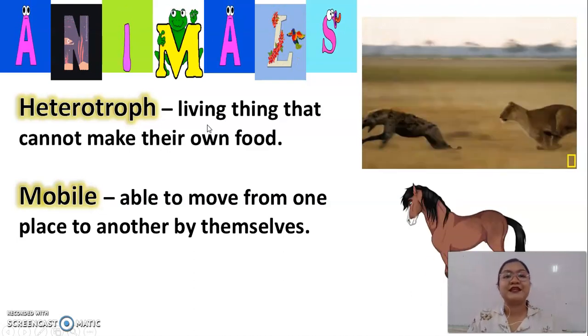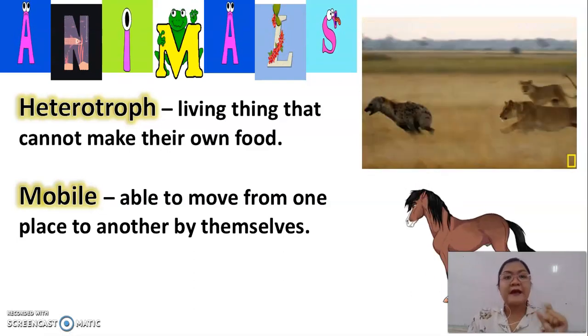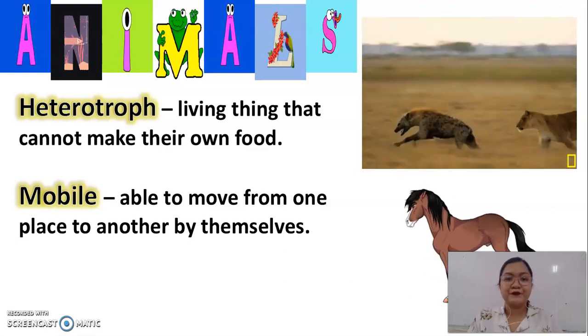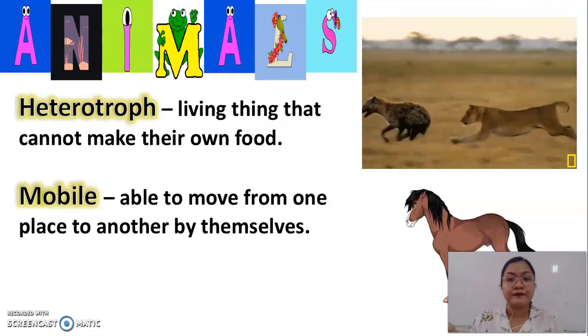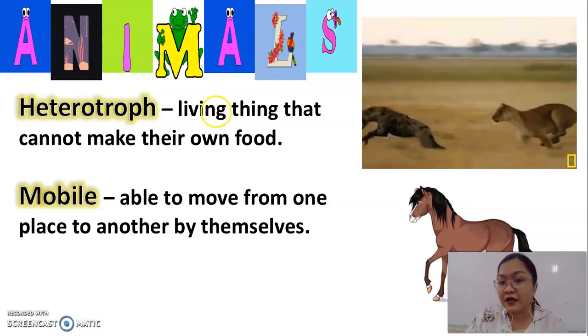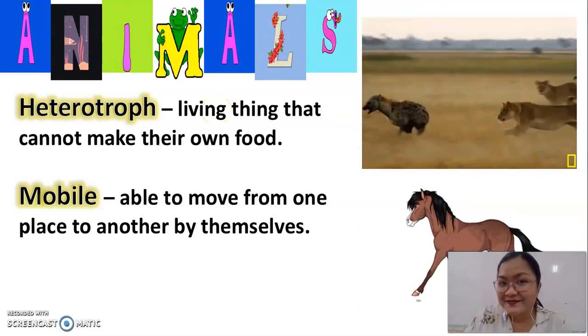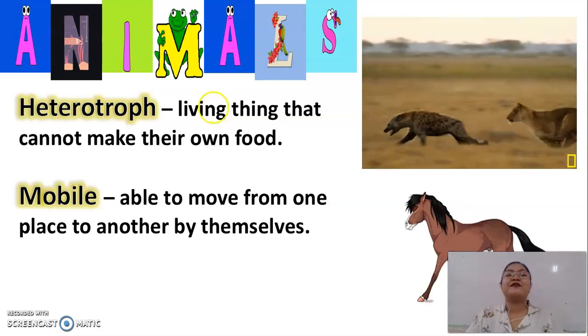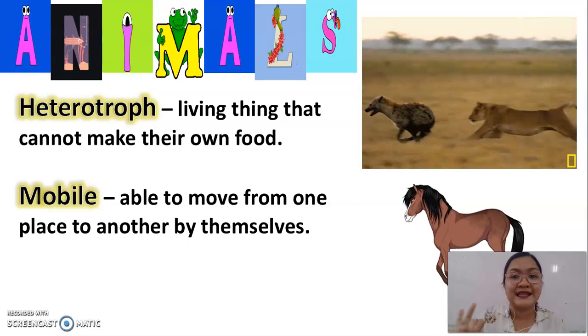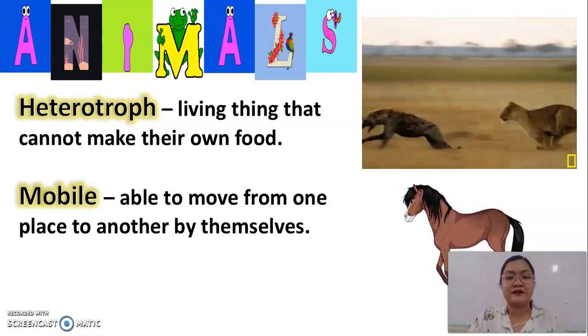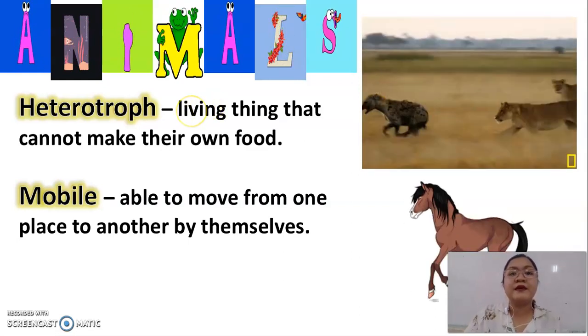These are the living things that cannot make their own food. But why can they not make their own food? Because animals do not need the sun and the soil. Very good.